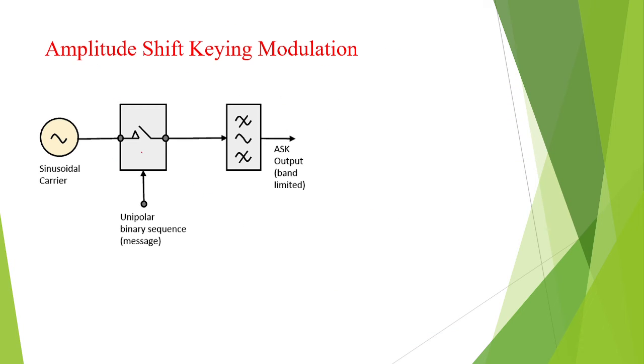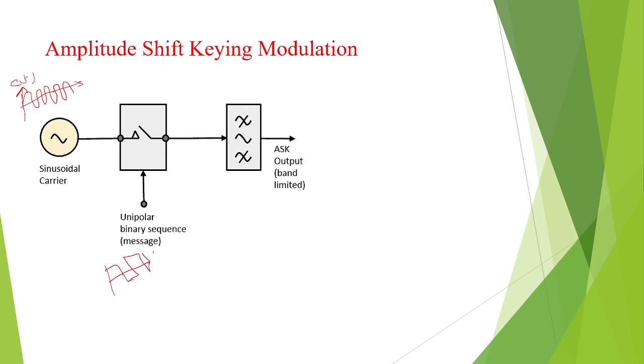Observe this. This is the carrier signal, and in all communications the ASK technique is used to transmit signals. Here you can see the carrier signal and the binary sequence or message signal, binary ones and zeros.